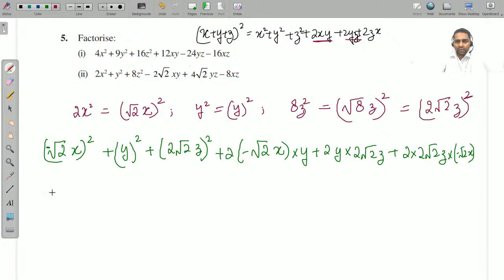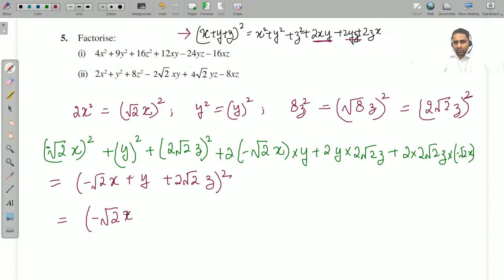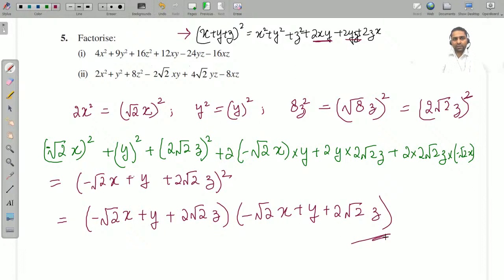Now you can apply this identity. So it comes out to be negative of square root of 2 x plus y plus 2 square root of 2 z, whole square. Because we need to make the factors, it can be written in two brackets, something like this, just to show that these are two separate factors. That will become your answer.